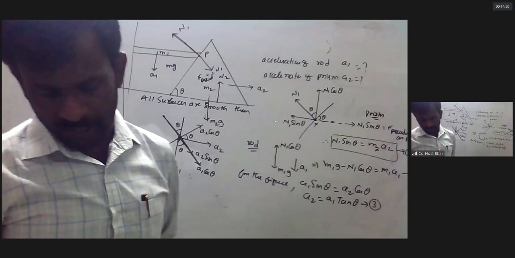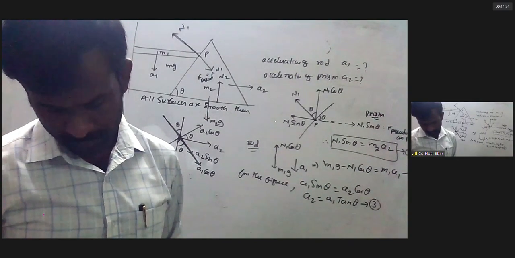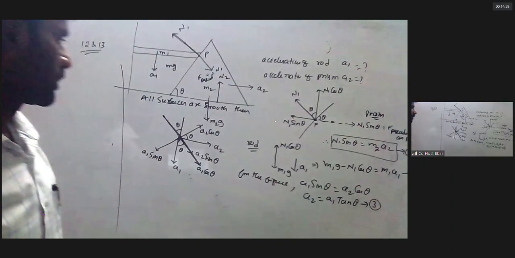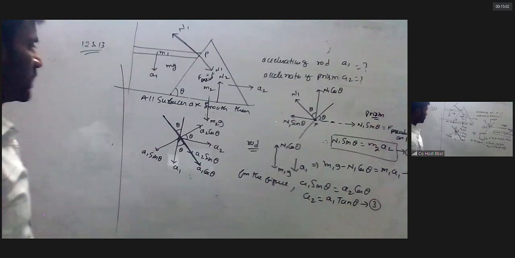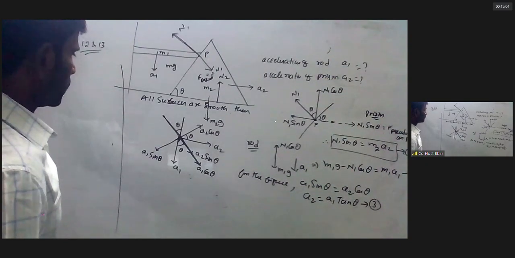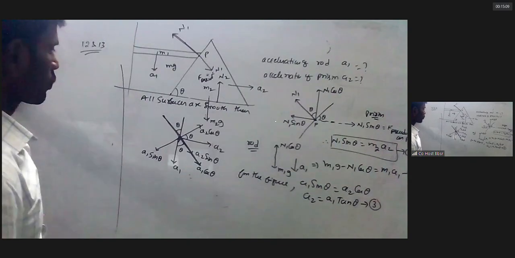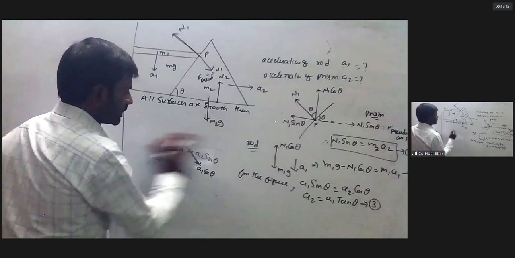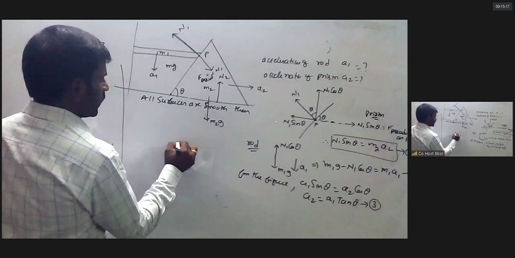Horizontal bar of mass M. Components, we have made a mistake. Here only we have made a mistake. The point P, downward acceleration A1.